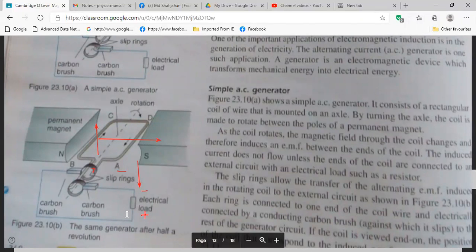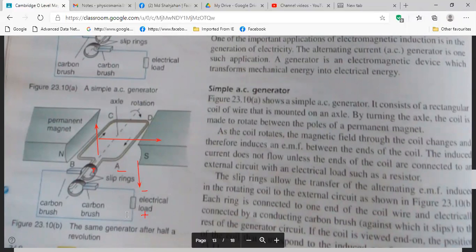Yes. So if it is clear, then you understand one thing, that when we have rotation of the coil, every half turn, the direction of induced EMF and induced current is also altering. And that's why for every half turn, positive and negative are reversed.